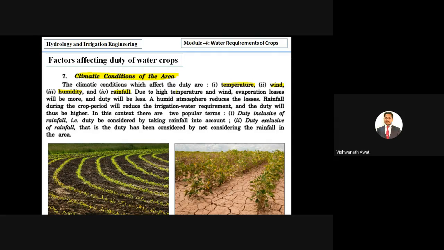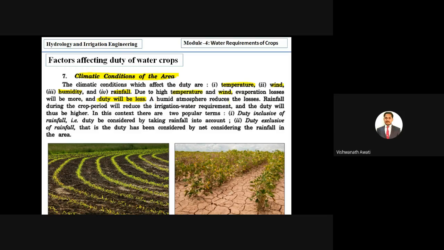Due to high temperature and wind, evaporation losses will be more. So due to this combined effect, evaporation loss will be more and duty will be less. Whenever we get losses, duty will definitely be less.